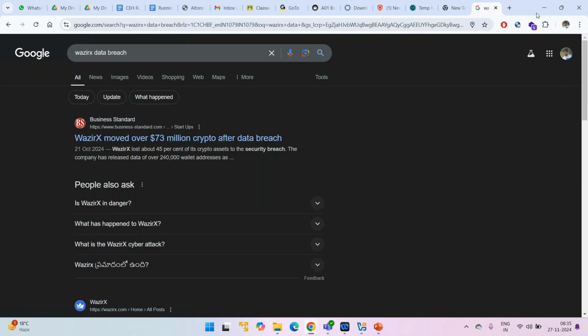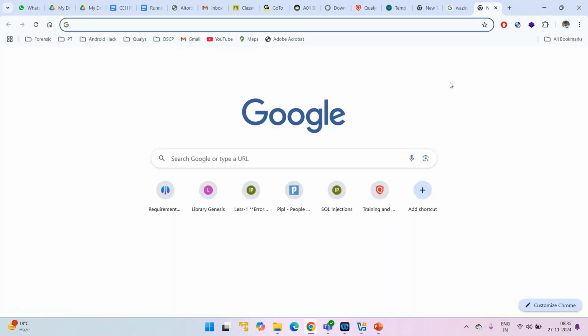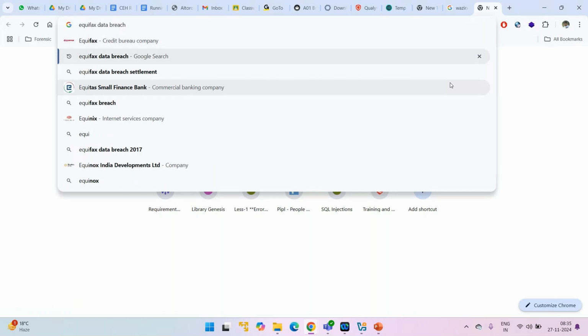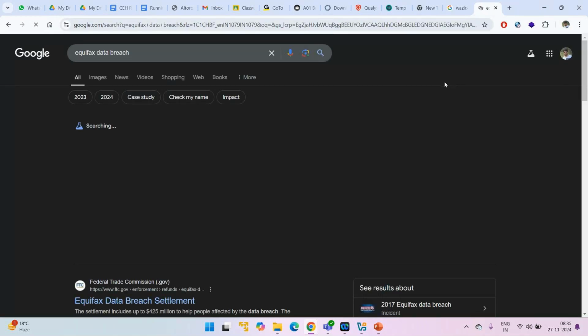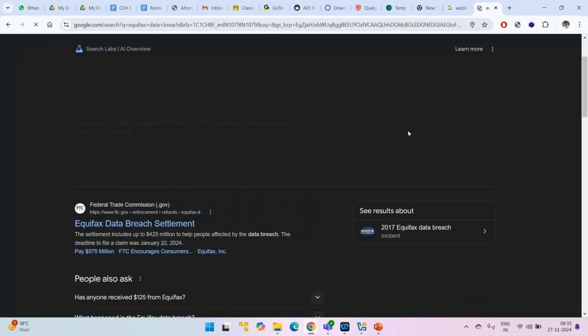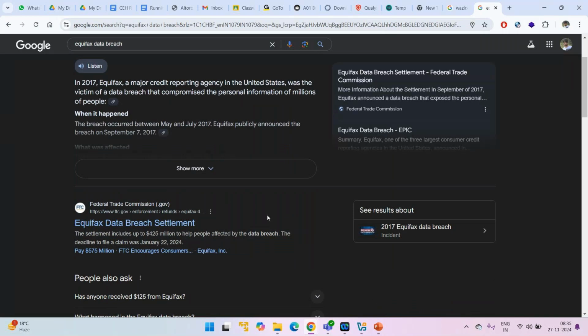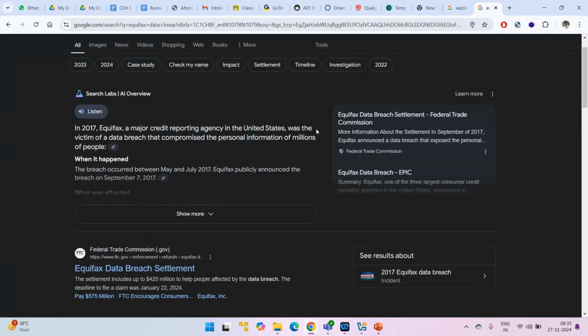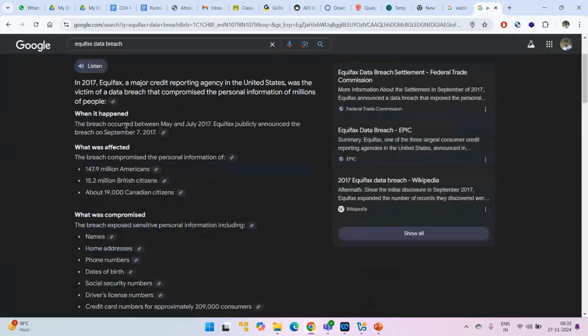There are a lot. Maybe if you would like to read some of the things, you can start with the Equifax data breach. It's one of the famous US-based companies which got hacked in 2017, just because of not updating one of the components in the server.